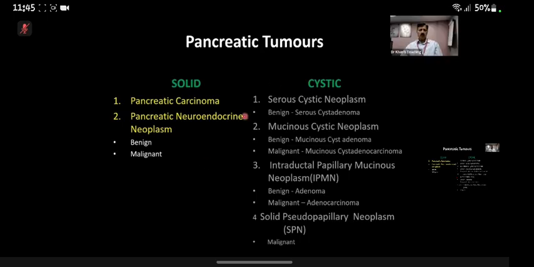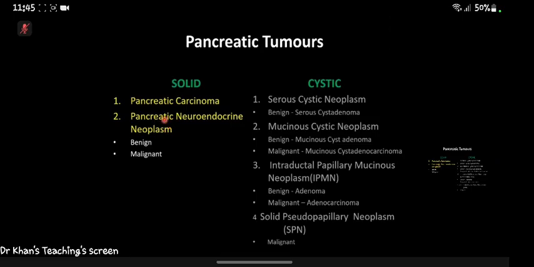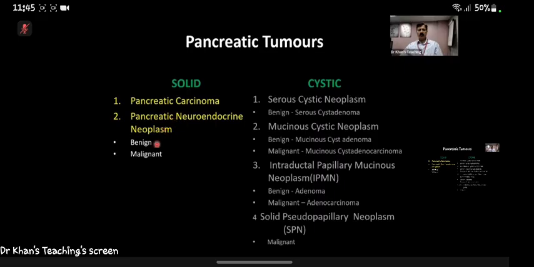Yes. So now we have got solid tumors and we have got cystic tumors here. So first of all, among the solid tumors, there are 2 types. One is pancreatic carcinoma and second is pancreatic neuroendocrine tumors. The concept is that the pancreatic neuroendocrine tumors can be benign as well as malignant.